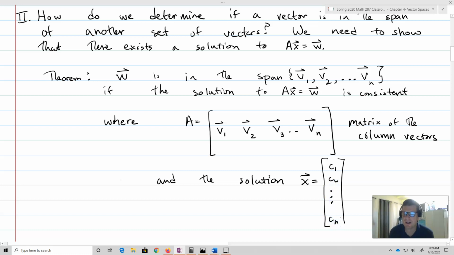So our solution is going to end up being the scalars that we're looking for, giving us the linear combination of these vectors V1 through Vn that make up W.